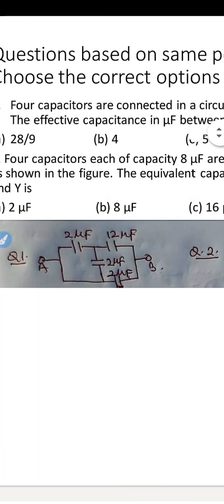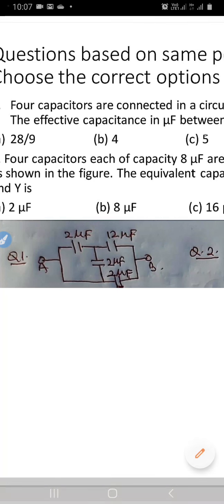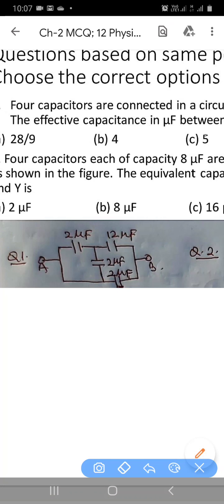In this figure, this is a type of same potential method. So point A is here, so this will also be point A, and let it be point C here in this one.